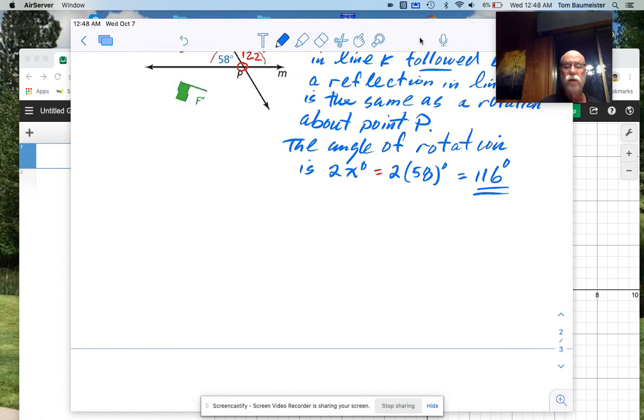So a single transformation then would be a rotation of 116 degrees. All right, so now you can do your homework.